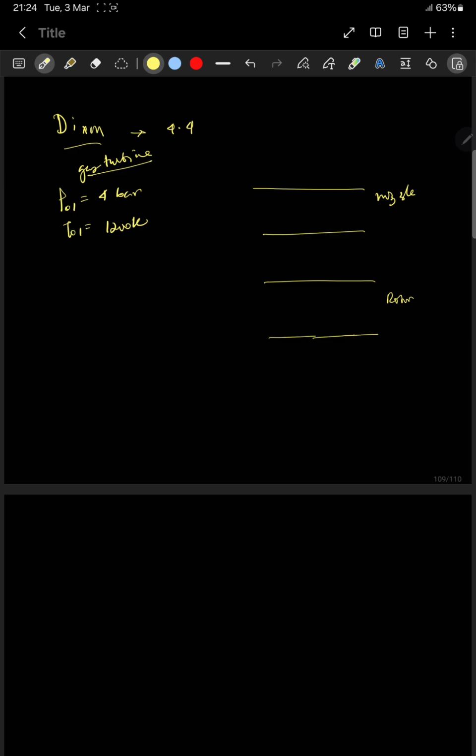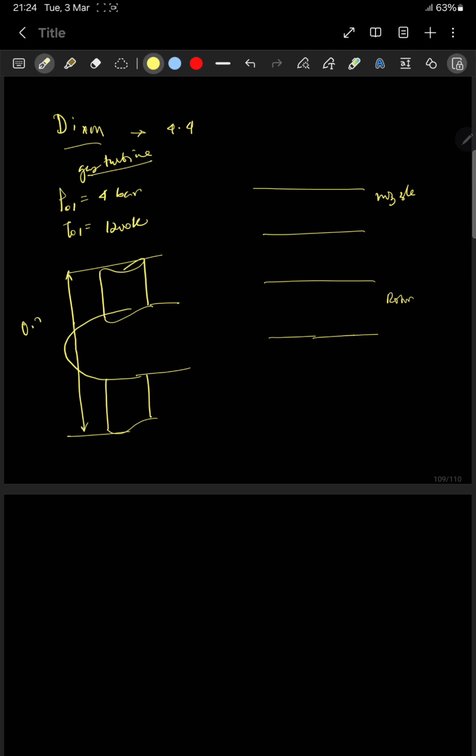Is given the rotor blade tip diameter. Let me draw this. If this is the rotor, these are the blades. It says that the tip diameter is 0.75 meter.